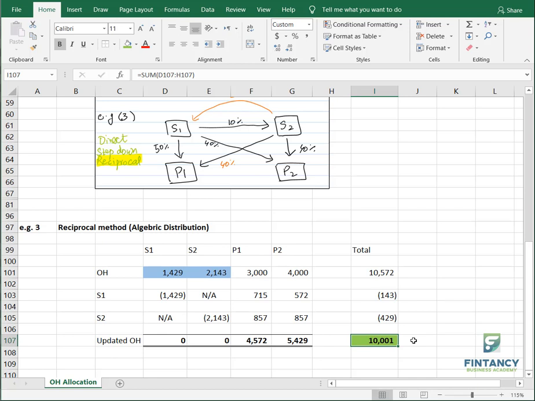Because of the equations, if you see here the blue colors, these figures are automatically updated. But don't confuse yourself that the overheads are increased because the overheads are still 10,000, my friends. They are not 10,572. They are still 10,000. But after allocation, you see they are 10,000 or not. This is the confirmation of your answer. This is the art of reciprocal method actually.